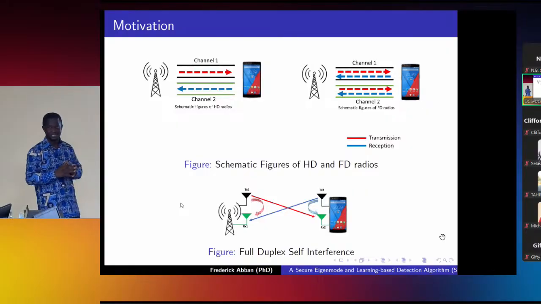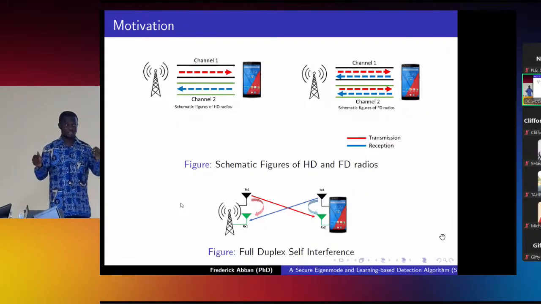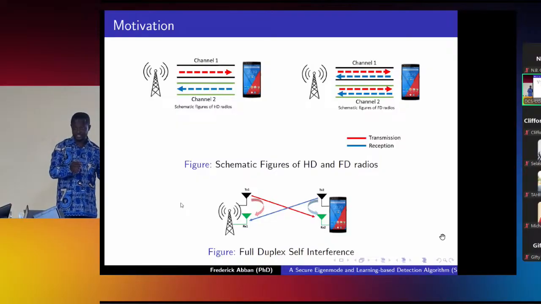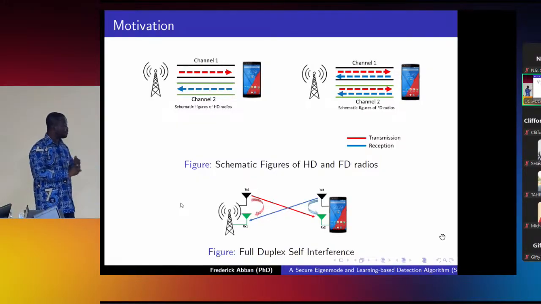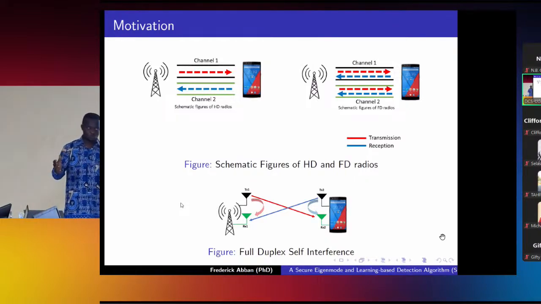However, full duplex comes with some challenges. And those are the challenges that we are addressing in the Jamaldeen lab. One of the challenges is called self-interference. And this is what happens in self-interference. Say a transmitter, a base station, would want to communicate with a receiver, a mobile station.